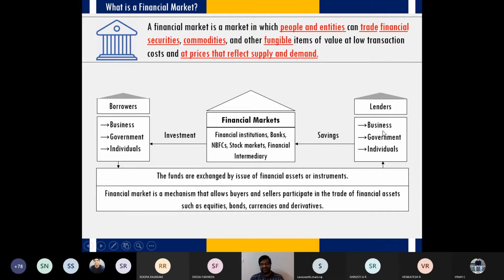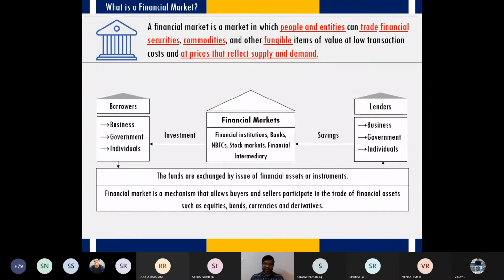So when we say entities, it means business and government. And when we say people, it represents individuals like us. So what does financial market do? The answer is financial market facilitates borrowing and lending. That's a simple definition of financial market. Financial market is an avenue that facilitates borrowing and lending.